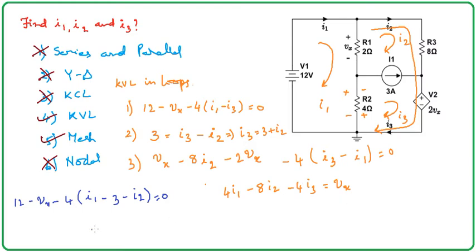This is one equation in I1, I2, Vx, and the other equation also has I1, I2 and I3. Let me substitute I3 here also: 4I1 minus 8I2 minus 4 times (3 plus I2) equal to Vx.